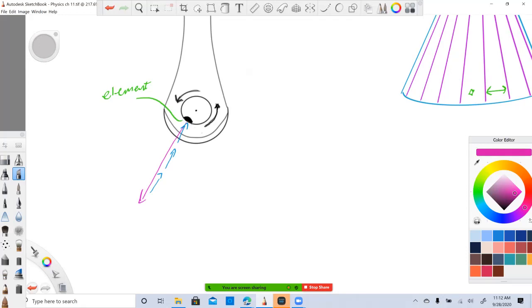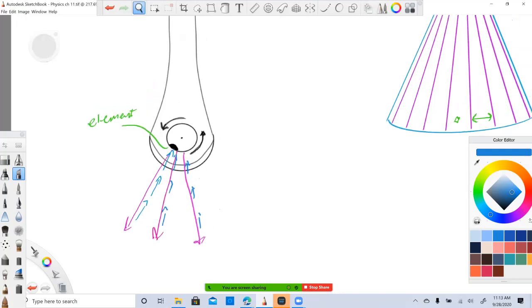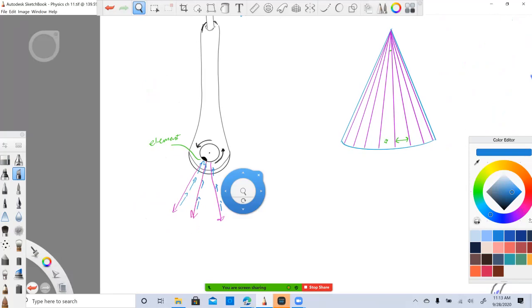Let's say, we'll pretend this element is moved down a little bit more, and it shoots out another beam of sound, and then there's more echoes coming back, and so on and so forth. And eventually it produces our image.